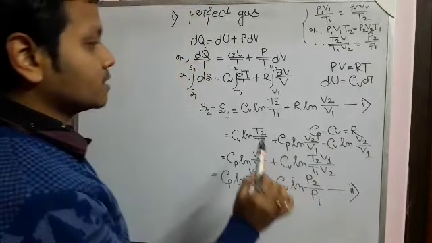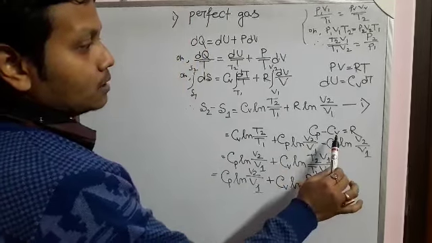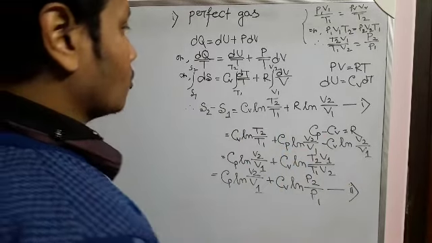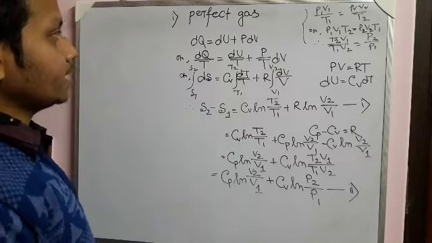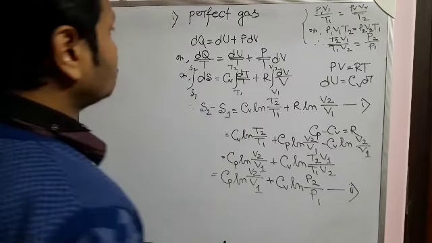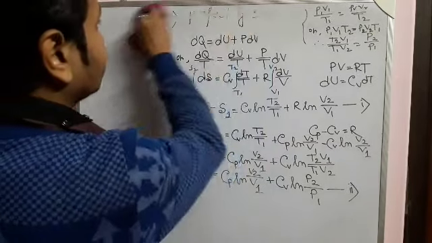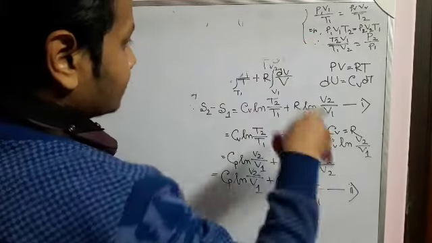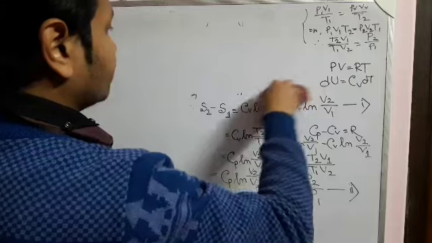Now if you substitute Cp minus R instead of Cv, then you will get another form. I don't erase these two equations because I need them.